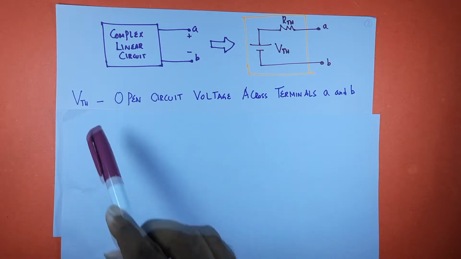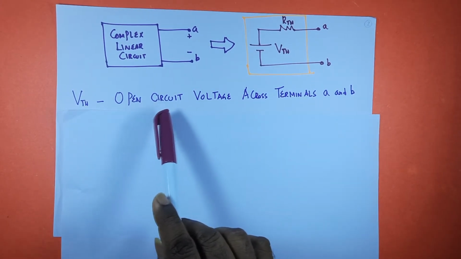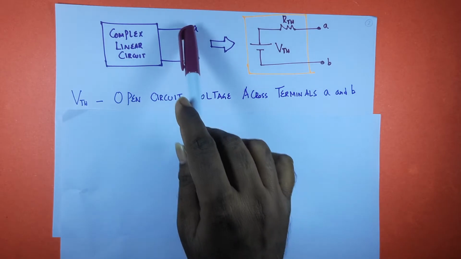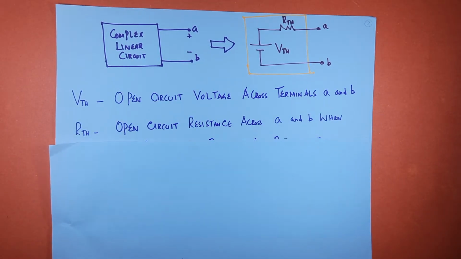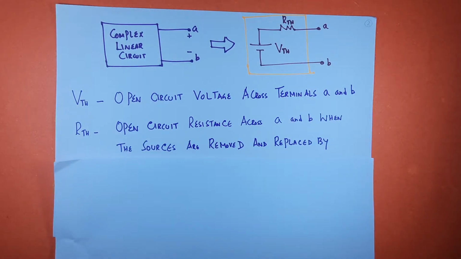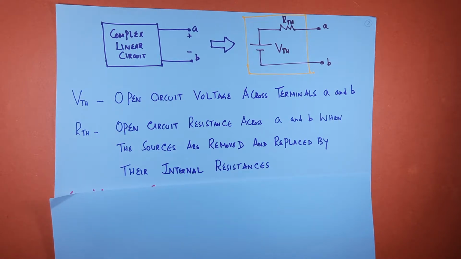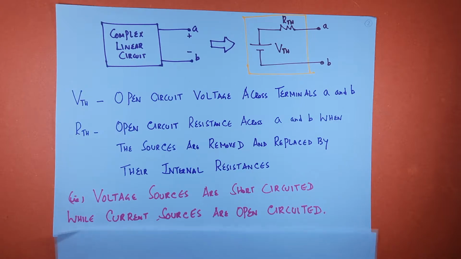Here V Thevenin is nothing but the open circuit voltage across terminals A and B, and R Thevenin is nothing but the open circuit resistance across the terminals A and B when the sources are removed and replaced by their internal resistances.